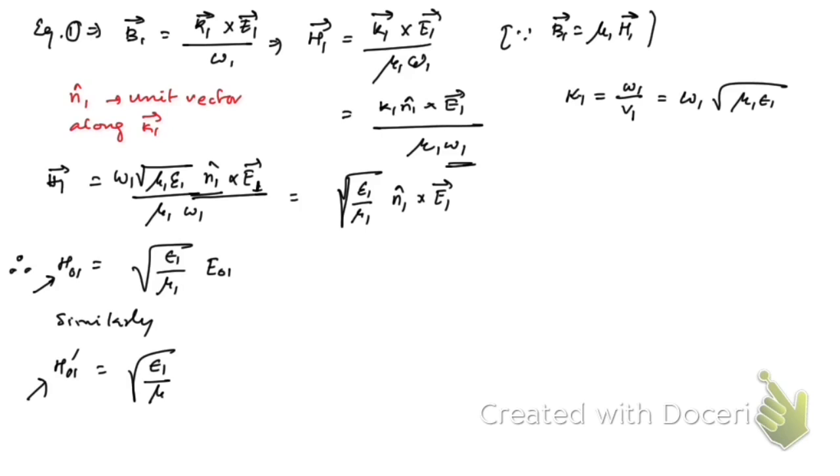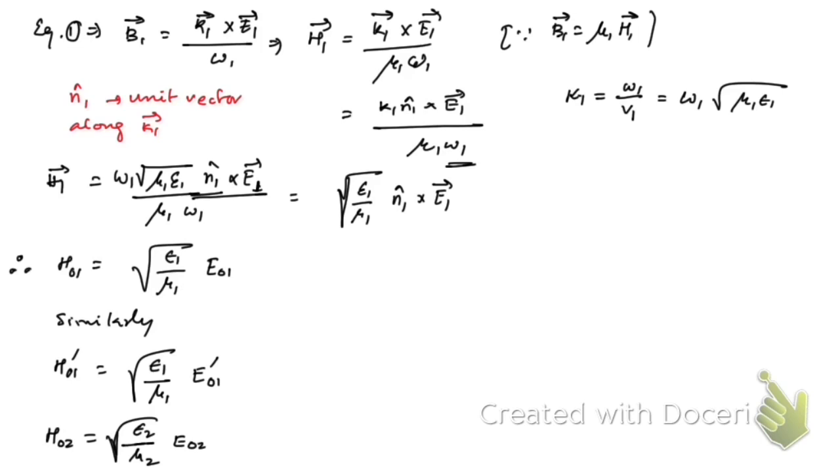So here also we get root over epsilon 1 by mu 1, and here we have E01 dash. And for the transmitted or refracted wave, H02 is going to be equal to root over epsilon 2 by mu 2 for the other medium, medium 2, and E02. That's what we're going to have.